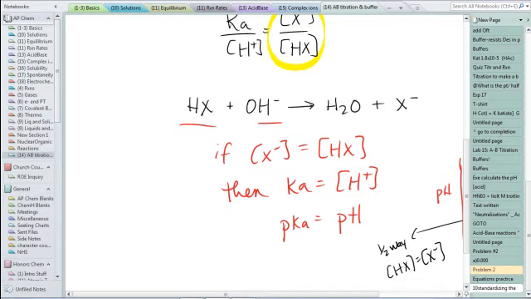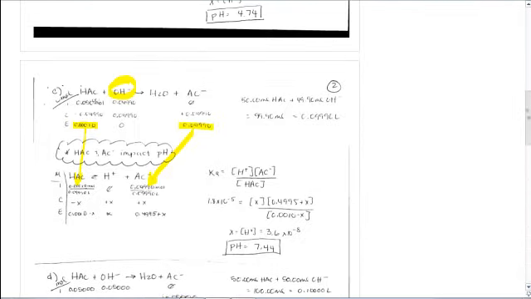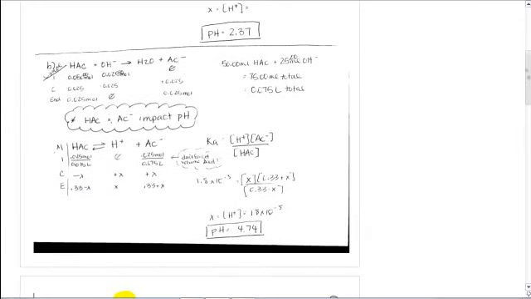I'll show you this one because I have this example. Actually, this was B, which we had done yesterday. You weren't in class for. But at B, halfway, this was halfway to the equivalence point. We used up half. We were left with equal moles of acid and equal moles of the base, because it's the point where you're only adding half of the moles that are required to neutralize it.